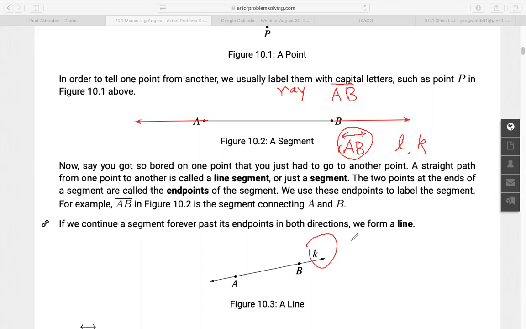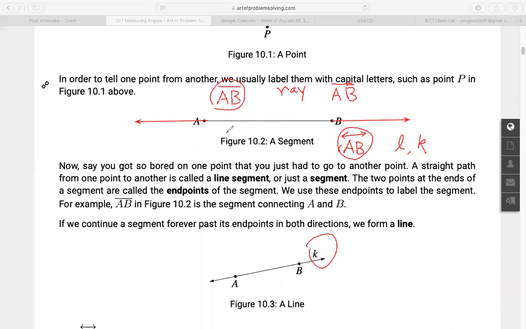And for a segment AB, usually we write AB with a bar above it. That's the sign of segment AB. Because a segment has a limited length, if we want to denote the length of a segment, we just remove this bar.